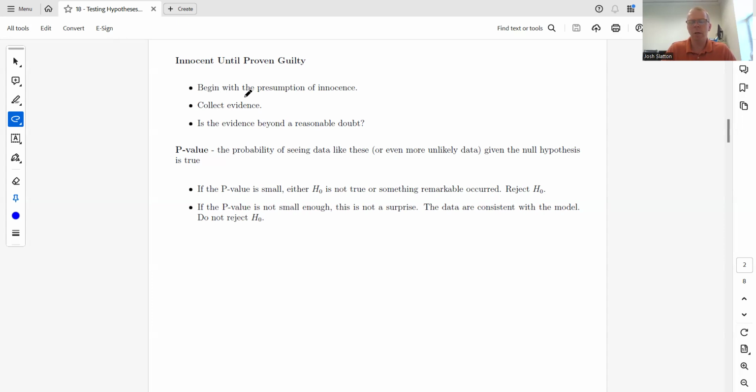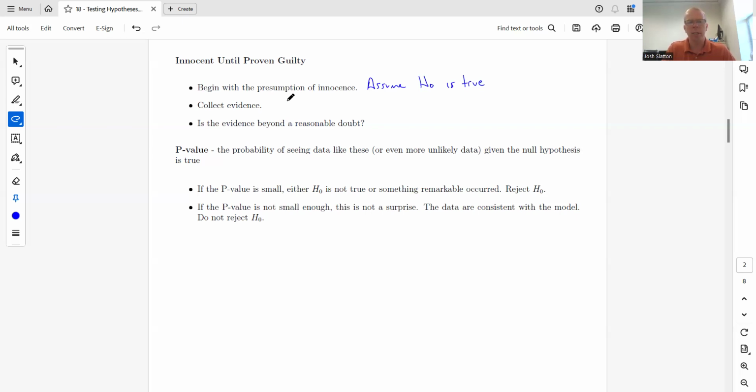For us, that means we're going to assume that the null hypothesis is true. In that last example, the null hypothesis was that p equals 0.20, or 20% of these casts that they are making were cracked. So you're assuming that is true. That is beginning with the presumption of innocence.